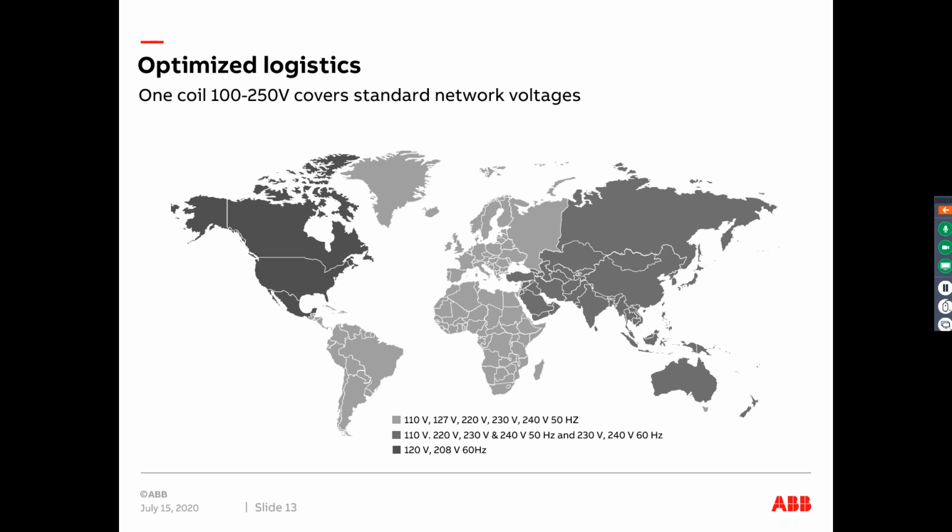In North America, it's 120 volts, 60 hertz, and in some parts of the world, they even use DC, 100 to 250 volts, anywhere in between. So this one contactor can be used throughout the world, and it has all the certifications: UL rating, IEC, CCC. Only one part has all those tests done.